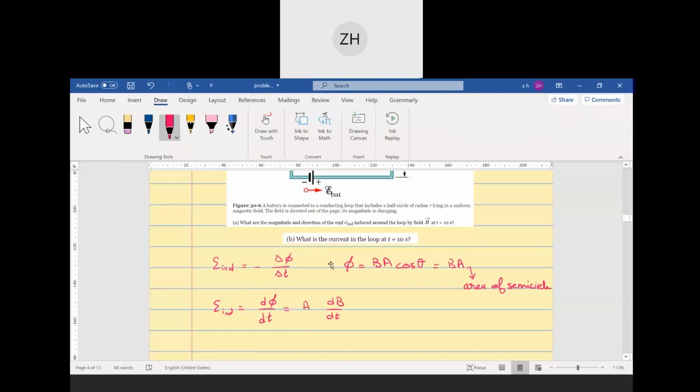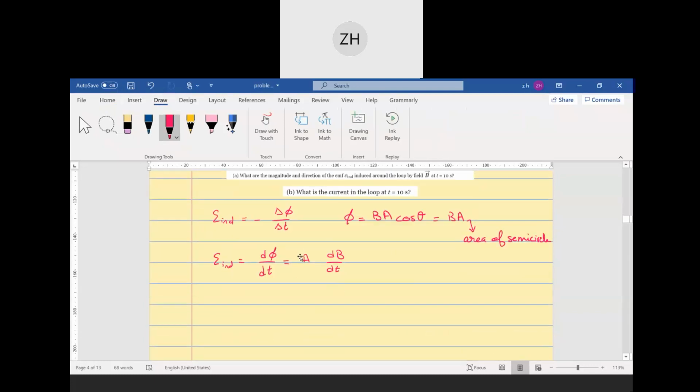And now we can substitute everything we have. The area is pi r squared, that's the area of a circle. We have a semicircle, so we divide this by 2. And we want to differentiate with respect to time the expression of the magnetic field, which is 4t squared plus 2t plus 3.